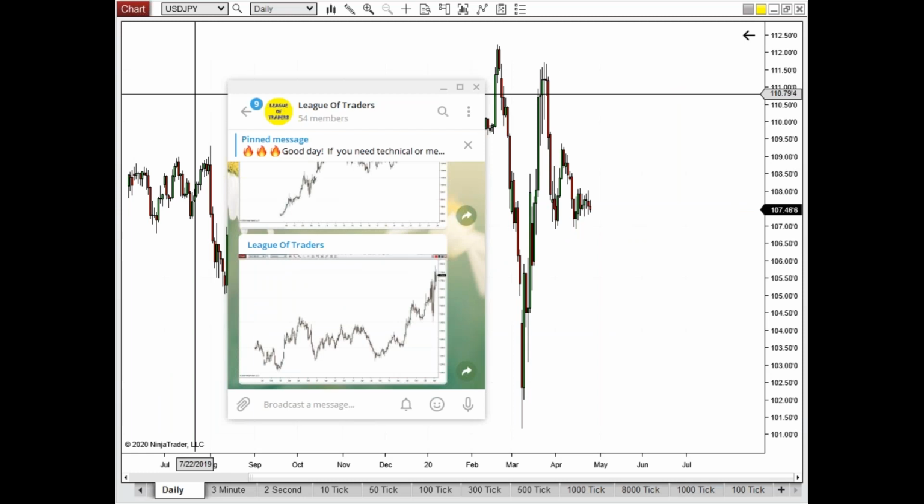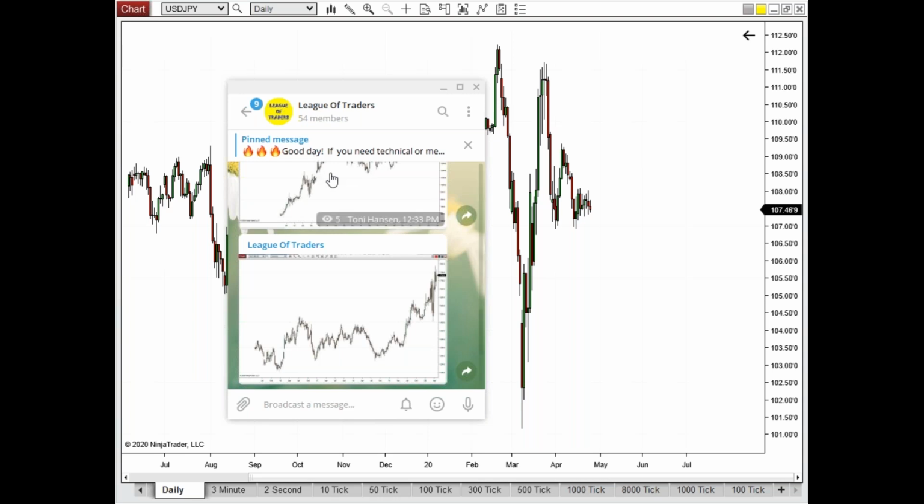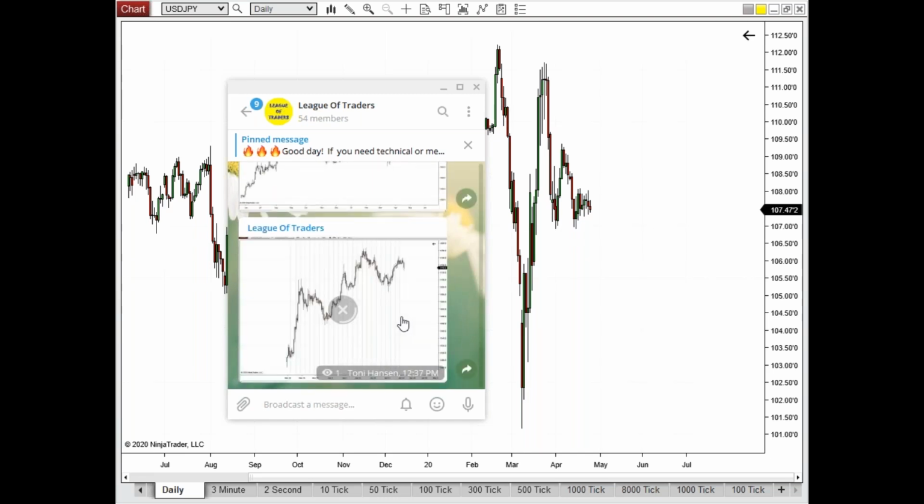Let's see. I'm going to pull up an intraday on the 240 for you guys. For day trades over the last 2 weeks, I've been short because it had a beautiful megaphone that we were talking about the other day, this week in League of Traders, at a 76.4% retracement.